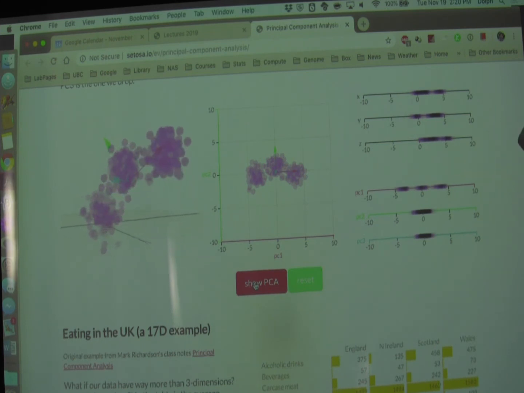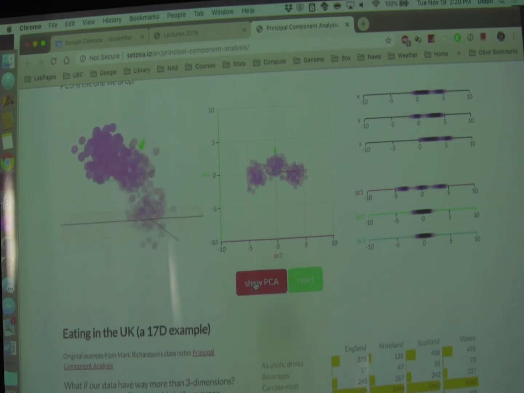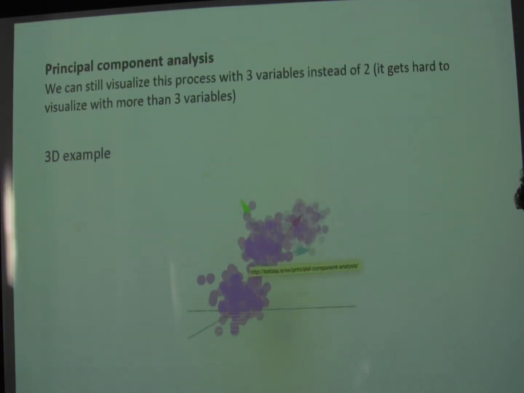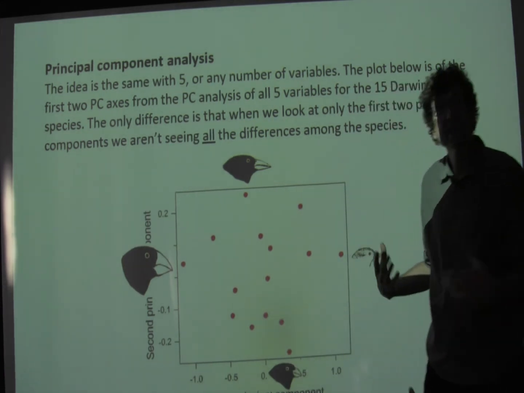So in the graphics lecture at the beginning of the course I talked about movies as graphs. It's a reasonably good way of plotting data in 3 dimensions. The idea is the same with 5 dimensions. I can always take any number of dimensions and reduce them to 2, but now I am missing something.